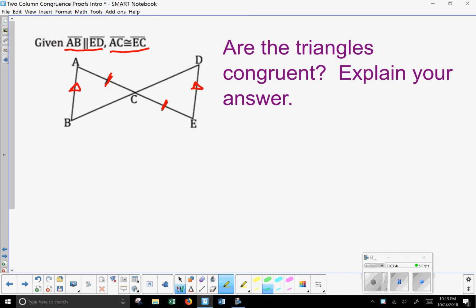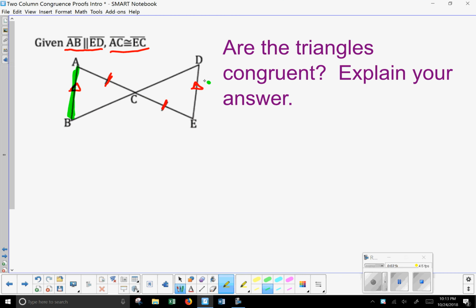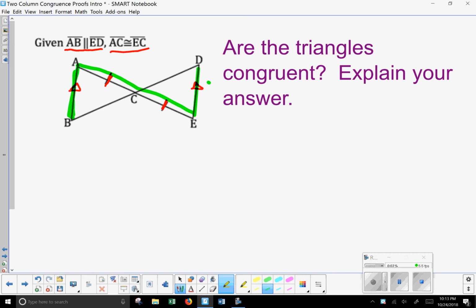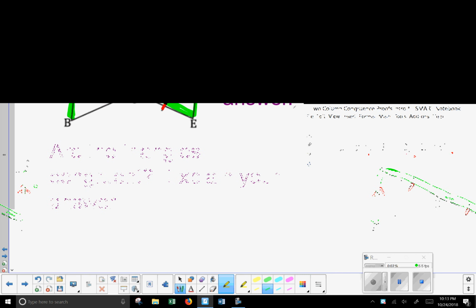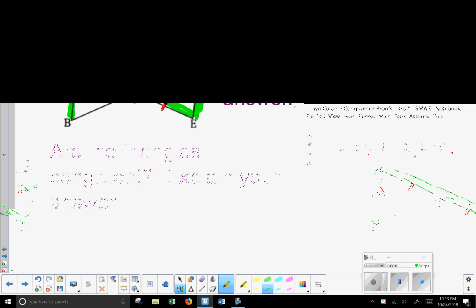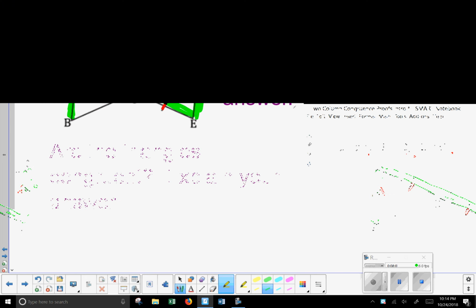I do, because in the picture, I see my two parallel lines connect with another line to make something that looks like a letter N. Remember, alternate interior angles always either make an N, a Z, a backwards N, or a backwards Z.